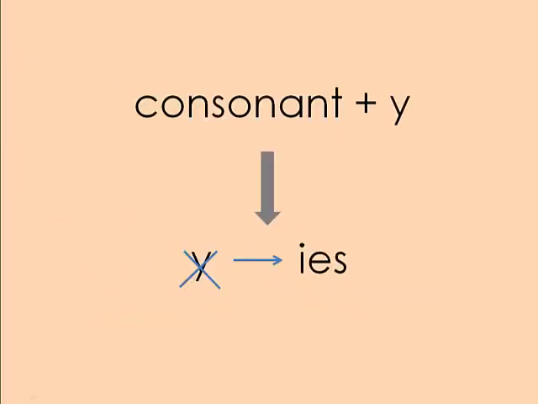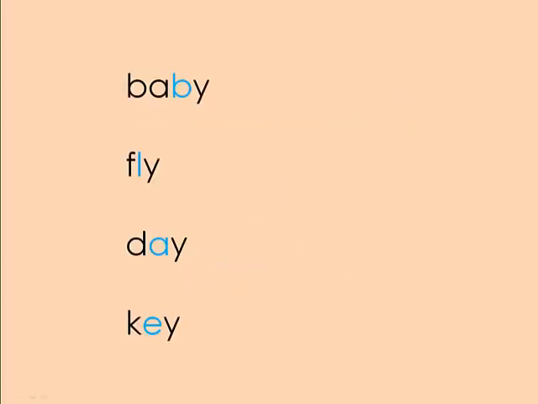So consonant plus Y, if those are the last 2 letters of a noun, to make plural, we change the Y to I and add es. Baby, fly, day, and key.